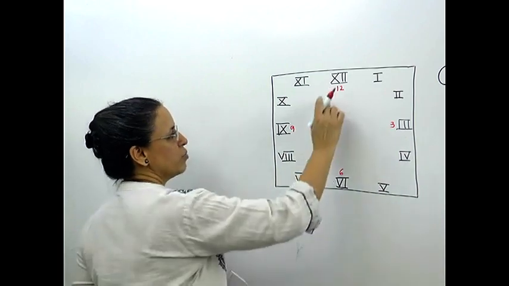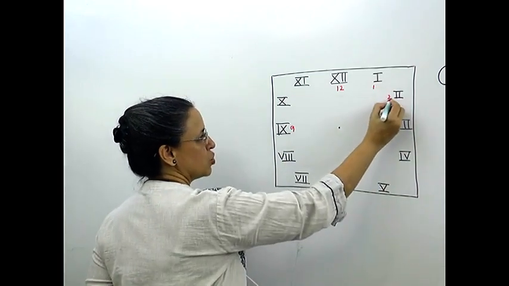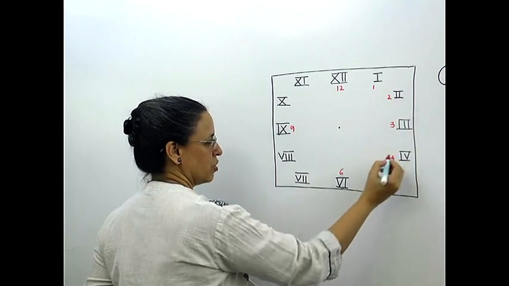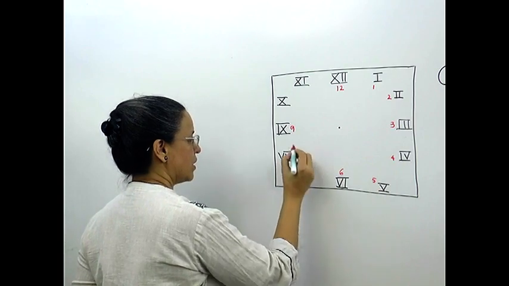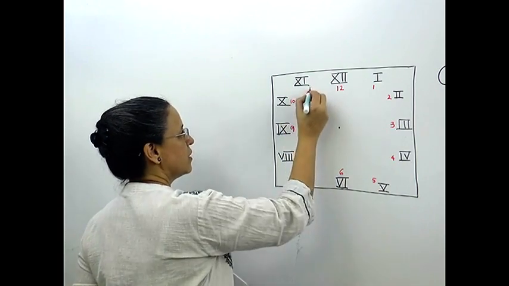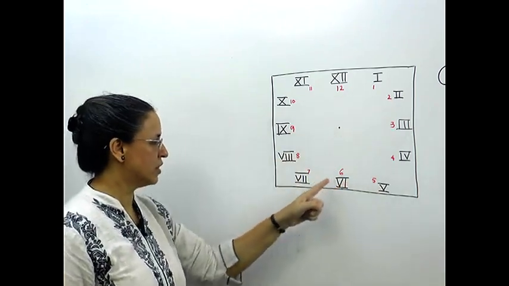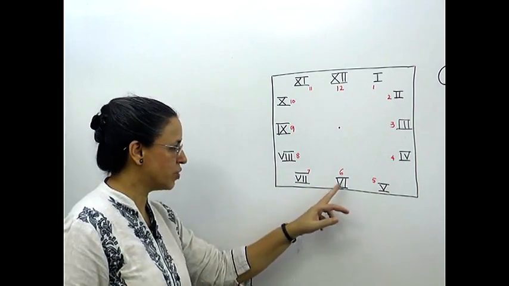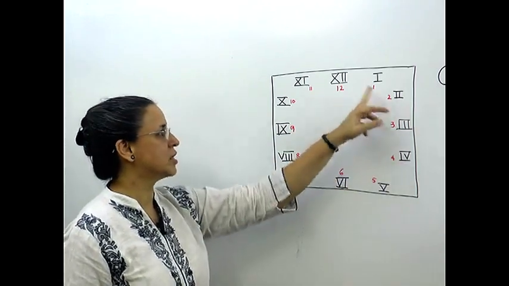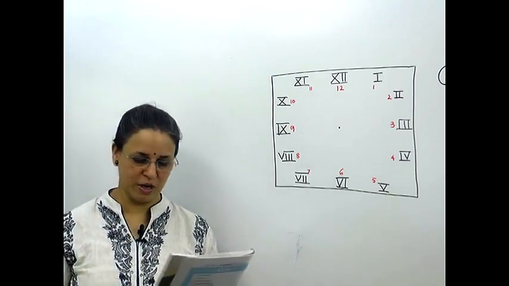So naturally, between this, the numbers that come will be 1, 2, here 4, 5, 7, 8, here we have 10 and 11. The ones which I have written in red, these are international numbers, and the ones which are written here in black, these are known as Roman numbers. Okay, so we will start learning Roman numbers.